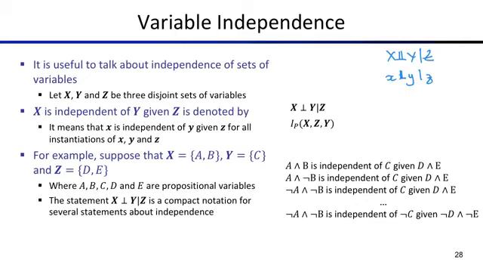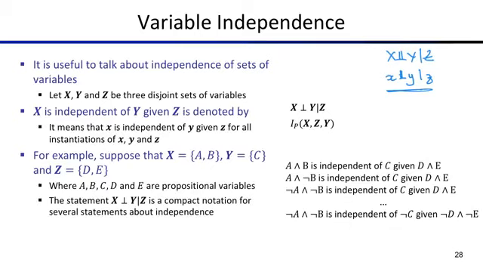If that holds for every possible instantiation, then the variables are conditionally independent. So this notion of independence and conditional independence is stronger for variables than it is for events.